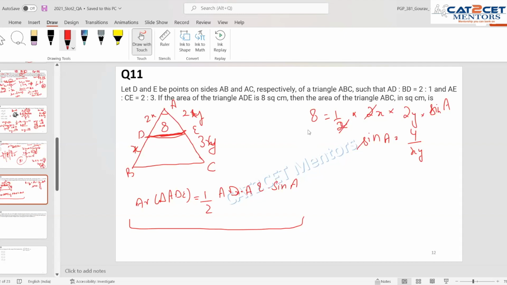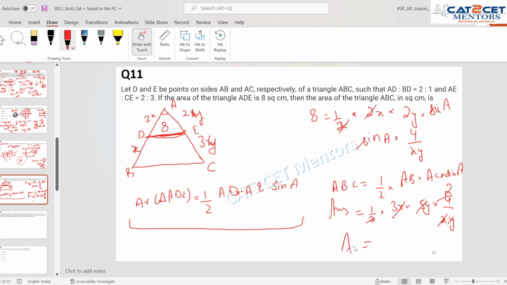Okay, and area of triangle ABC, that we need to find, ABC equals half of AB times AC times sin A. Okay, so answer is equal to half of AB equals 3x, AC equals 5y, and sin A is equal to 4 divided by xy. Let's eliminate x and y. This 2 can be cut using this 4. So it will be 5 into 3 into 2. Answer is equal to 30.